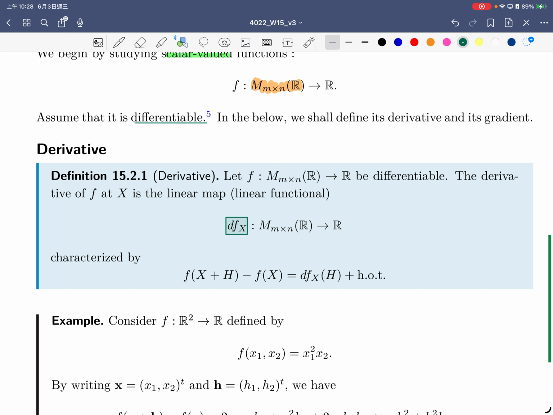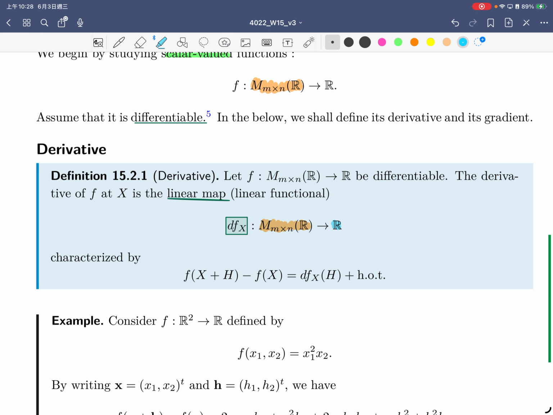And what is the derivative? The derivative is actually a linear function, a linear map, from where to where? It's the same as the original function: from the space of matrices to R. But of course, when the codomain is R, there's another name for a linear map.